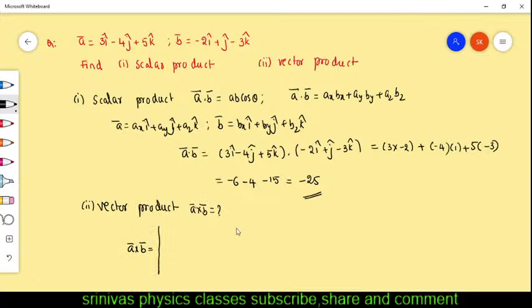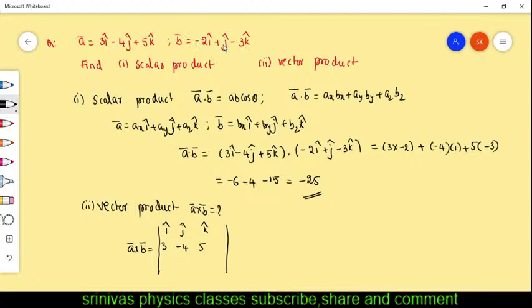A 3 by 3 matrix determinant. First you write I cap, J cap, K cap. Next we write the A bar coefficients. You see the question. What are the A bar coefficients? 3, minus 4, 5. Here we write 3, minus 4, 5. Next, the B bar coefficients.